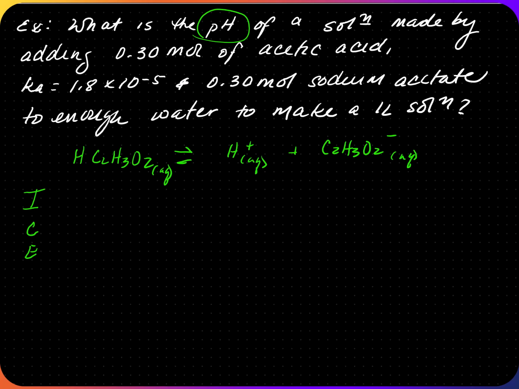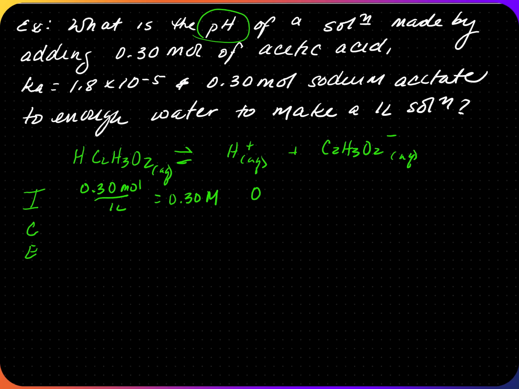So the acetic acid, we begin with 0.30 moles per 1 liter. Remember, it has to be in molar, so this is 0.30 molar. My initial concentration of the H plus is 0, because nothing is provided.